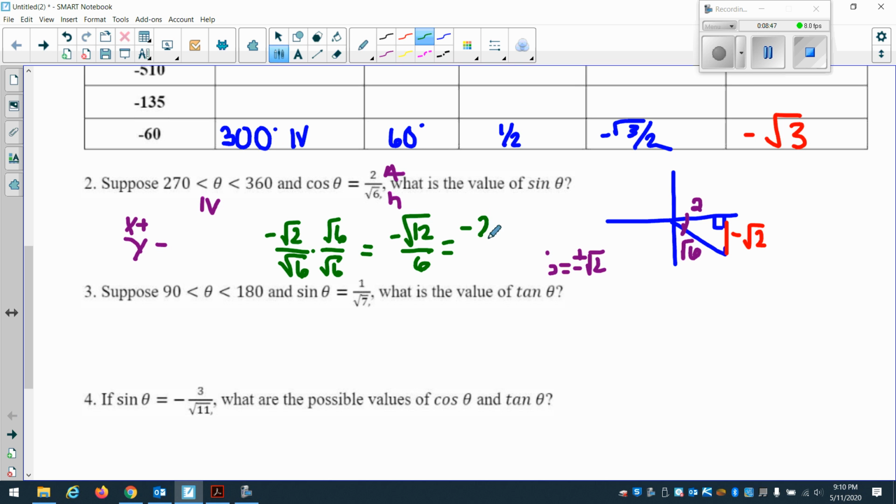So we have negative 2 root 3 over 6, which can be simplified to negative root 3 over 3, which is your sine value. Back here, we could have reduced it from the beginning, since you have a square root on top and bottom. This whole fraction could have been under the square root, so we could have reduced to 1/3 and then rationalized. But no matter what, you would have gotten sine is negative root 3 over 3 for that one.